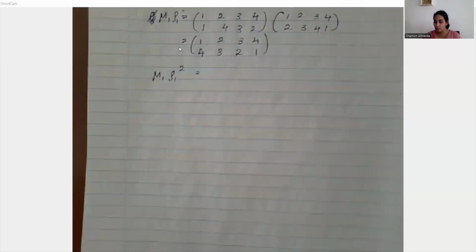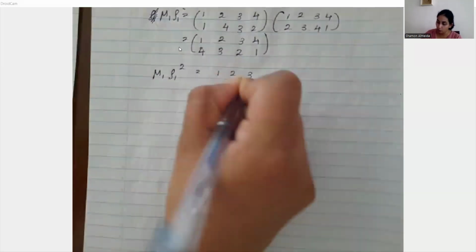Okay, now this other one, mu1 rho 1 squared. In this case, we have mu1, 1, 2, 3, 4. Then rho 1 squared is 3, 4, 1, 2.